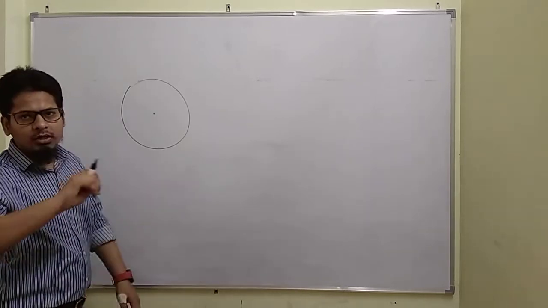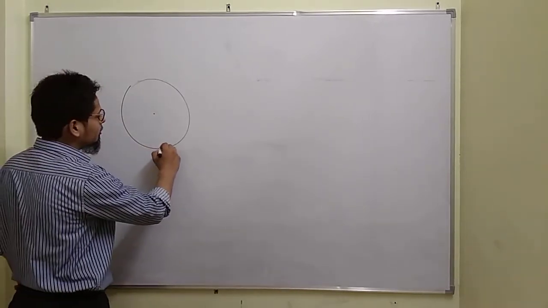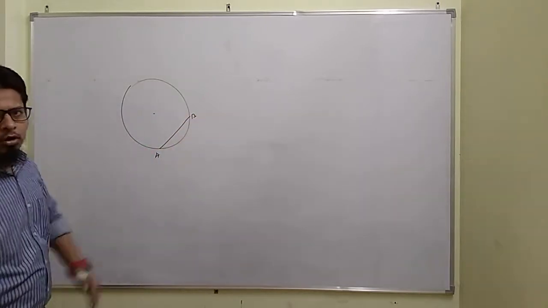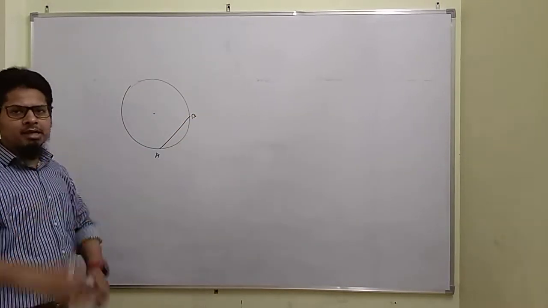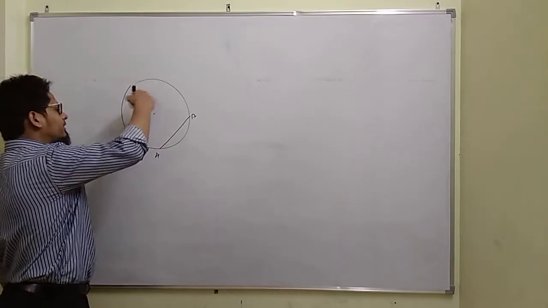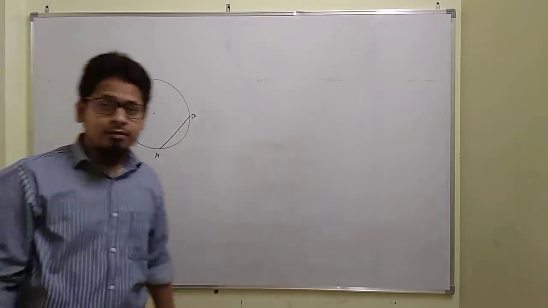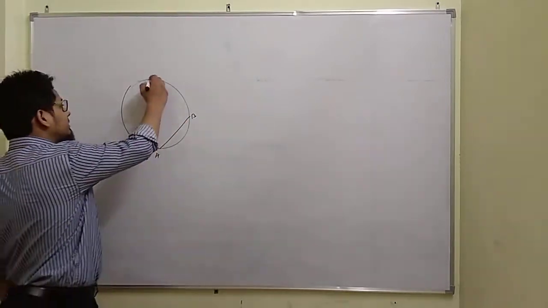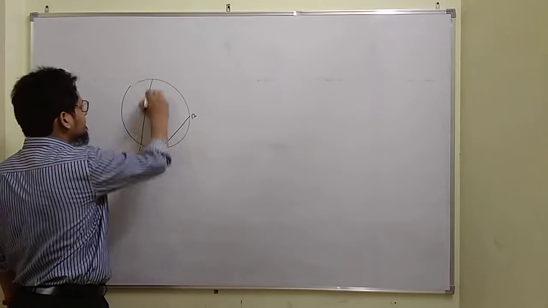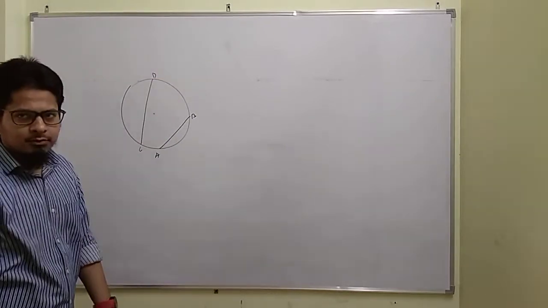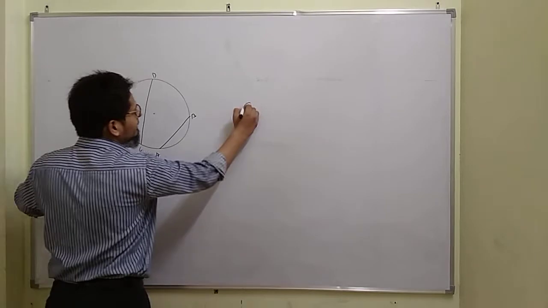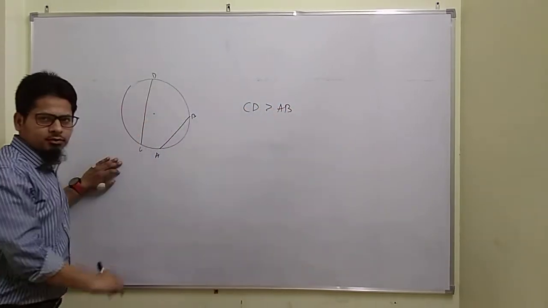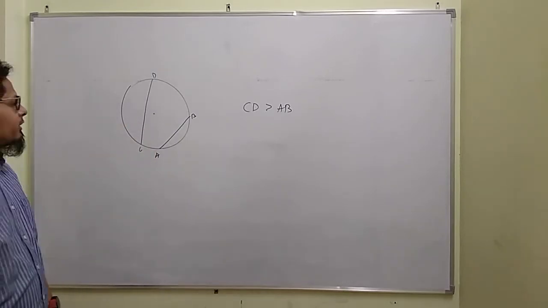I draw one small chord, AB, and a longer chord, CD. What do you observe here? The length of CD is more than AB, isn't it? It is shown in the figure.